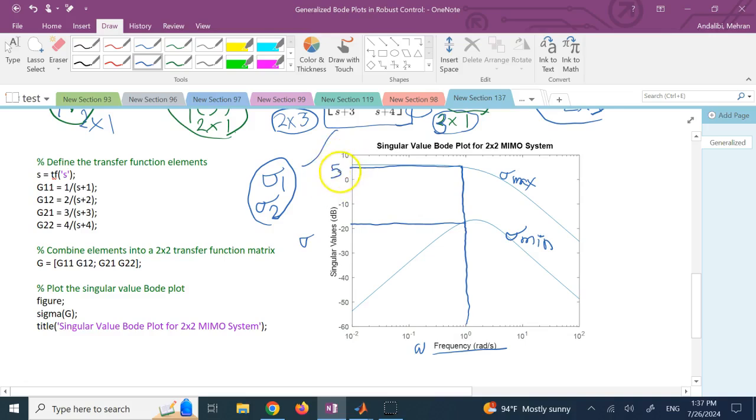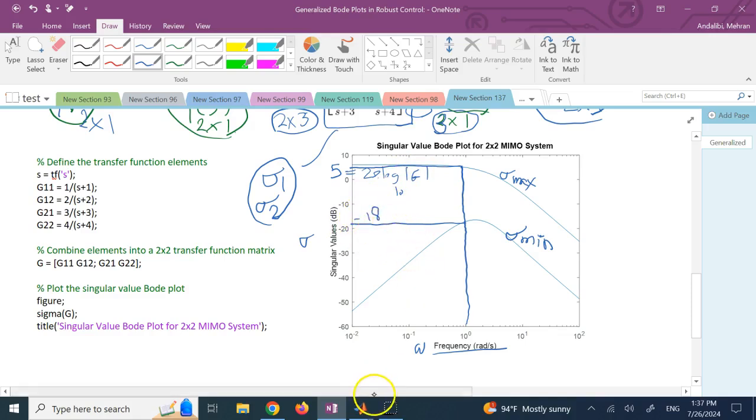And 5 decibel is 20 times log 10 of the magnitude of G for that frequency, and the same for this one. So this is like negative 18.